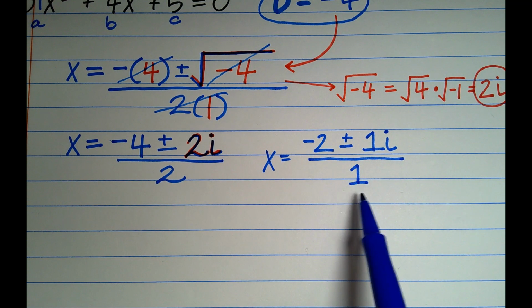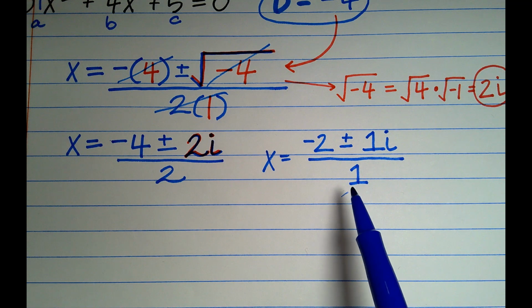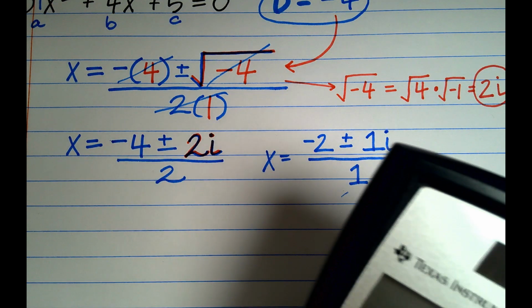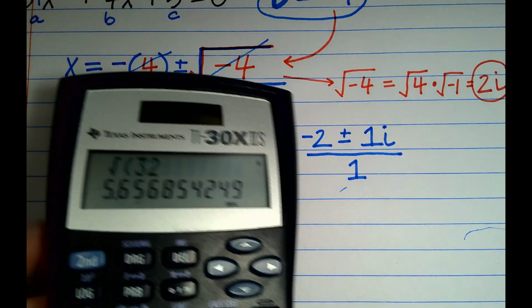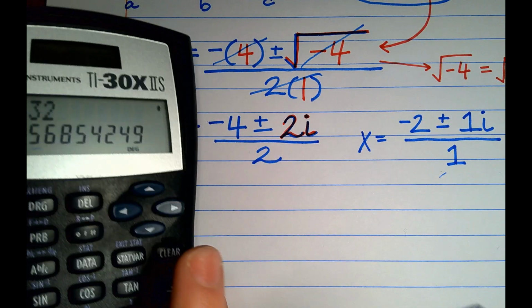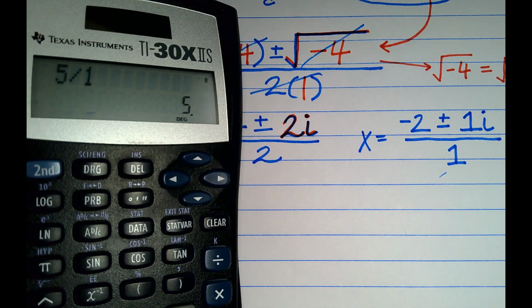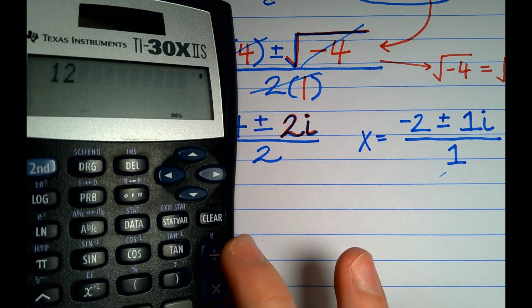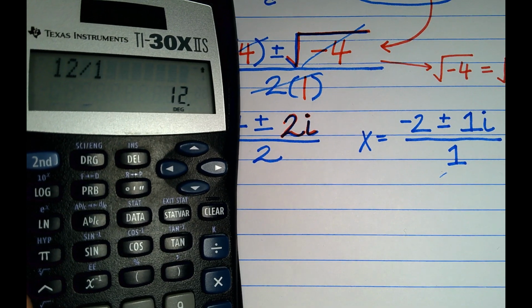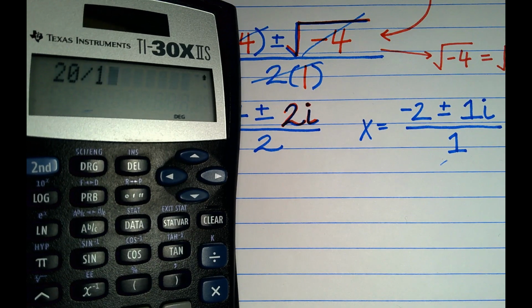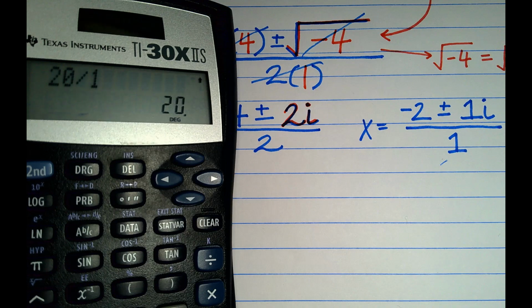Now, just like any fraction, if I divide something by 1 like this, does it change the number? No, any number divided by 1 won't change. So, for example, 5 divided by 1 is 5. 12 divided by 1 is 12. 20 divided by 1 is 20.